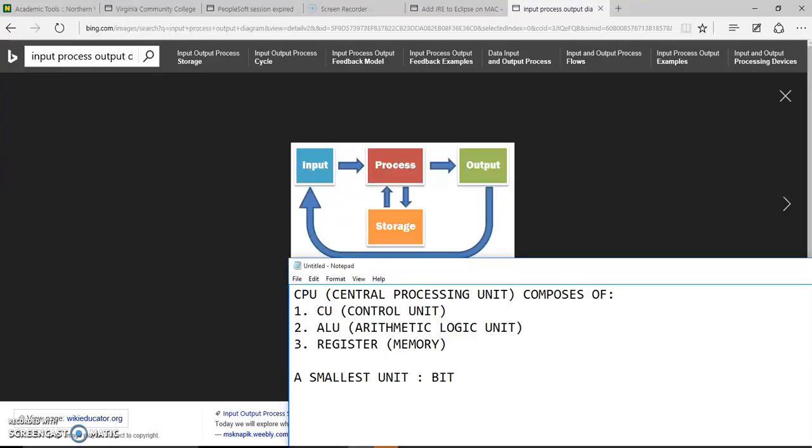It can represent a unit of data. 1 byte equals 8 bits. Now, what's a bit? A bit can represent a light bulb, right? So when you hold data, or when you don't hold the data.